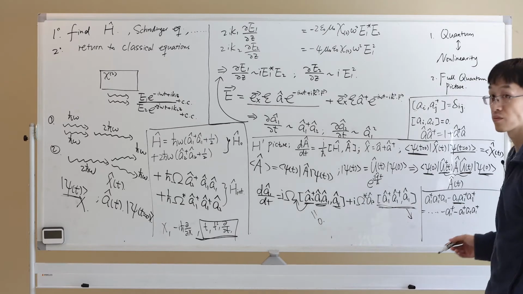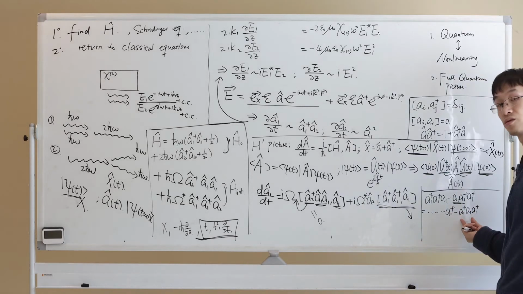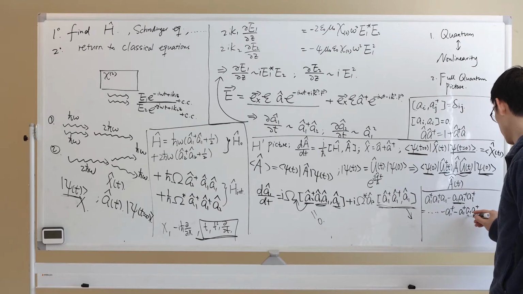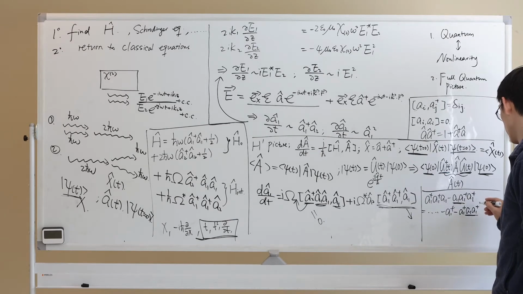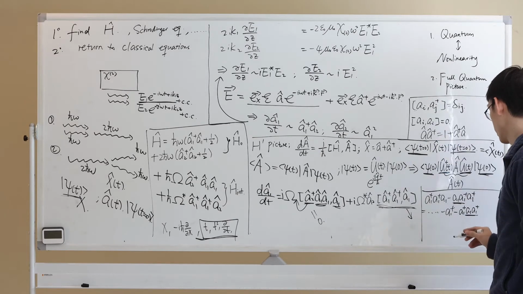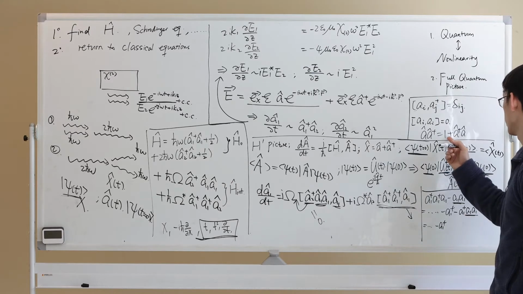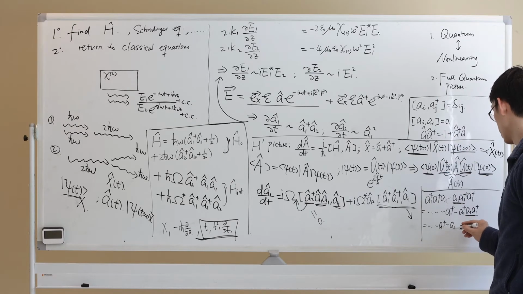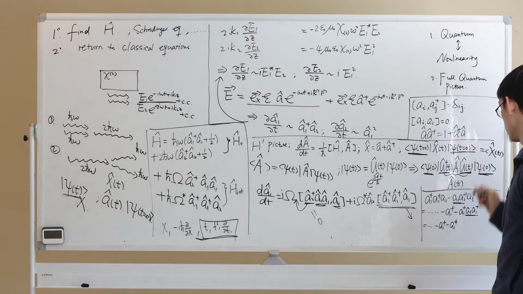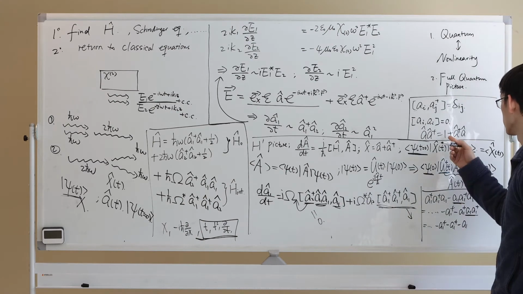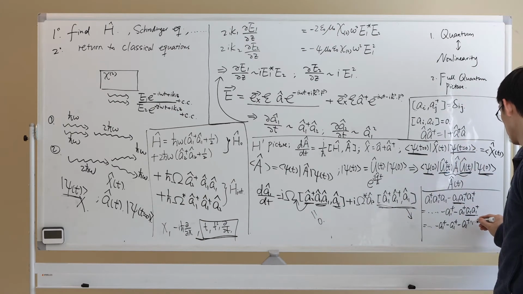And then what you can do next is that, okay, you see there's another A1 dagger, right? You want to get rid of this, and then this is minus A1 dagger. When you change this, you again have a 1, so you have minus A1 dagger. And then this thing times A1, so A1 dagger, A1 dagger, A1.